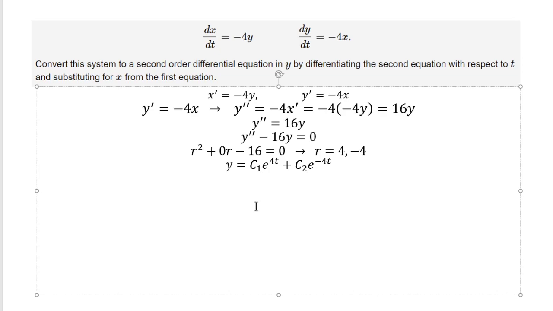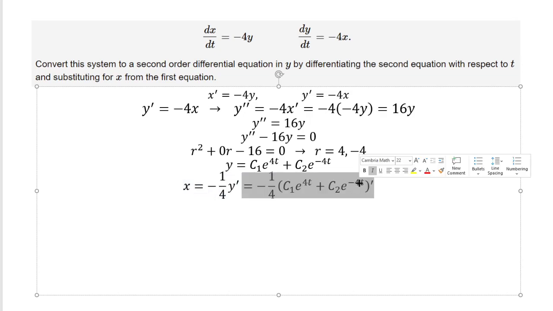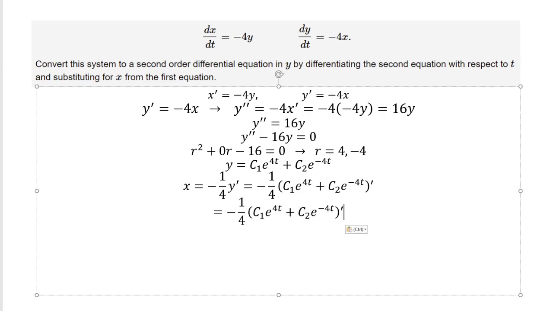So to get x, you can say x is equal to negative 1/4 of y prime. And since y is given as this thing here, I just have to differentiate that.